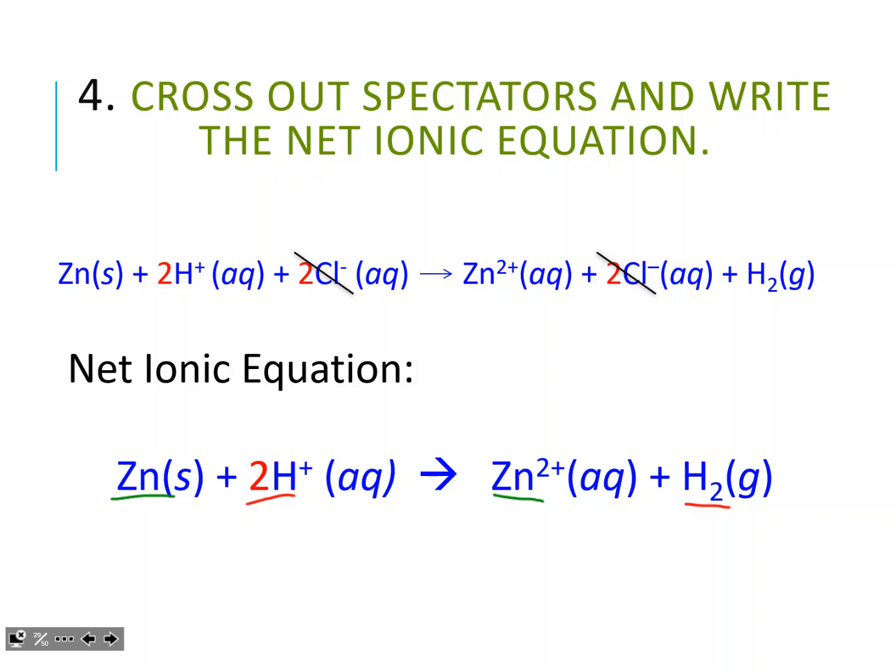Now if you look at charges on the reactant side versus the product side, zinc is 0, this is +2, so that's a total of +2 on this side. Here we have +2 for this zinc and 0, so this is also a +2. The charges have to be balanced. So that's just a way of double checking to make sure it's correct.